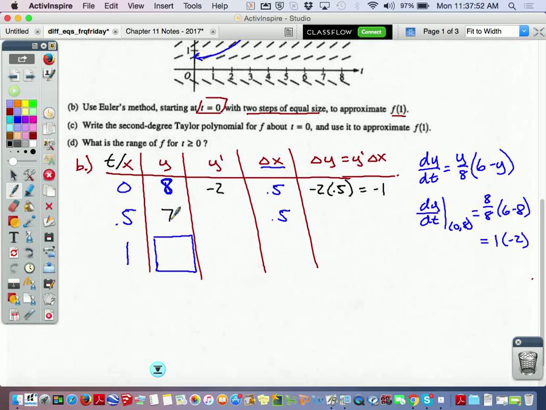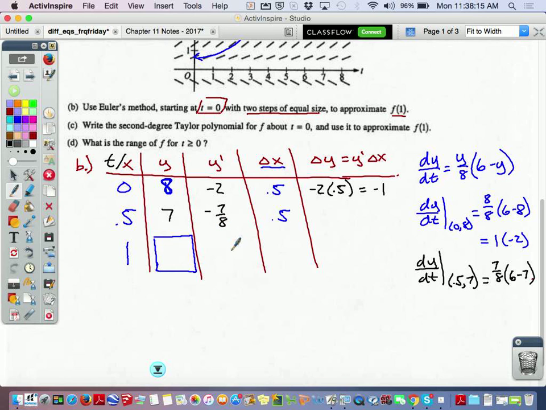Now I plug in 0.5 and 7 into the derivative. So now we'd find dy dt at the point 0.5 comma 7. And we'd get 7 over 8 times 6 minus 7. That gives us a y prime value of negative 7/8.